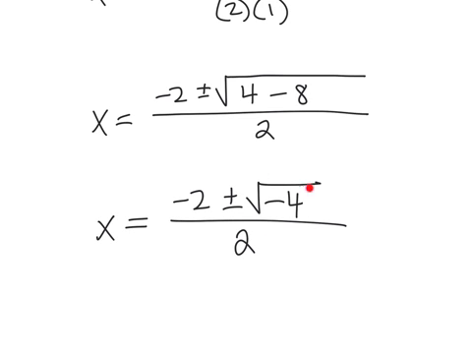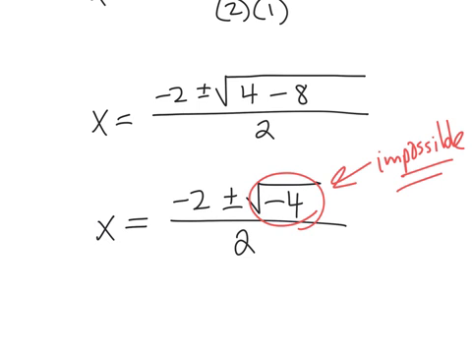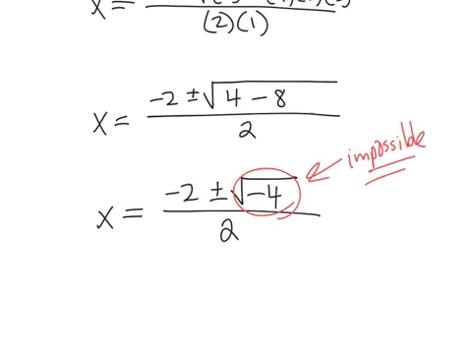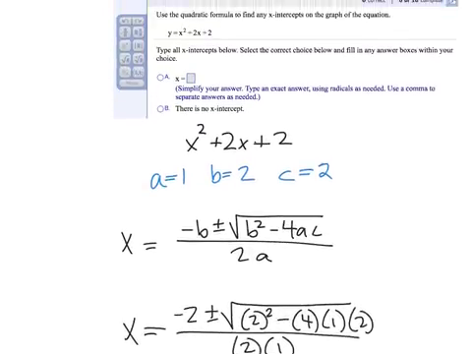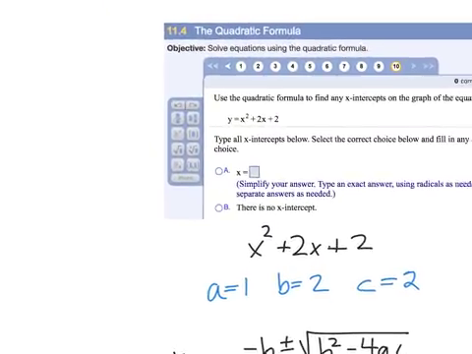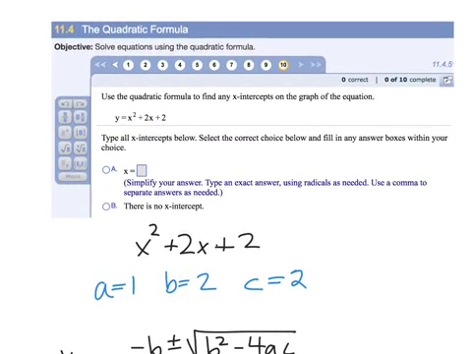This thing right here is impossible for our math class. And so that automatically means this line has no x-intercept.